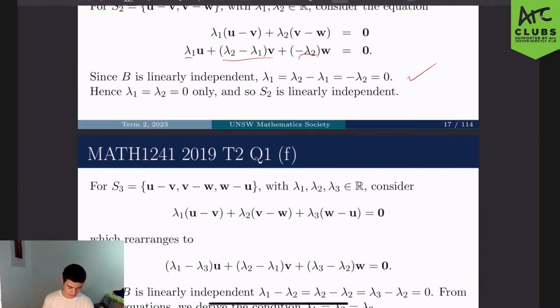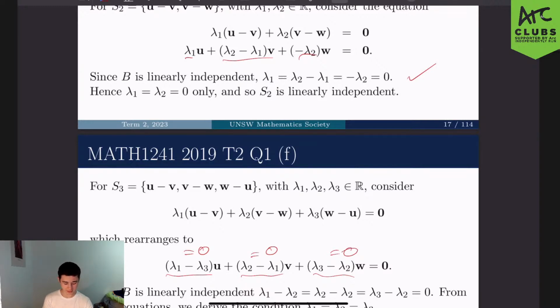Our scalars distribute as they did in the last question, and because u, v, and w are all linearly independent, the only solution to 0 is where all three of these scalar expressions are equal to 0. So this equals 0, this equals 0, and this equals 0. That's referring to these three scalars we have right here.